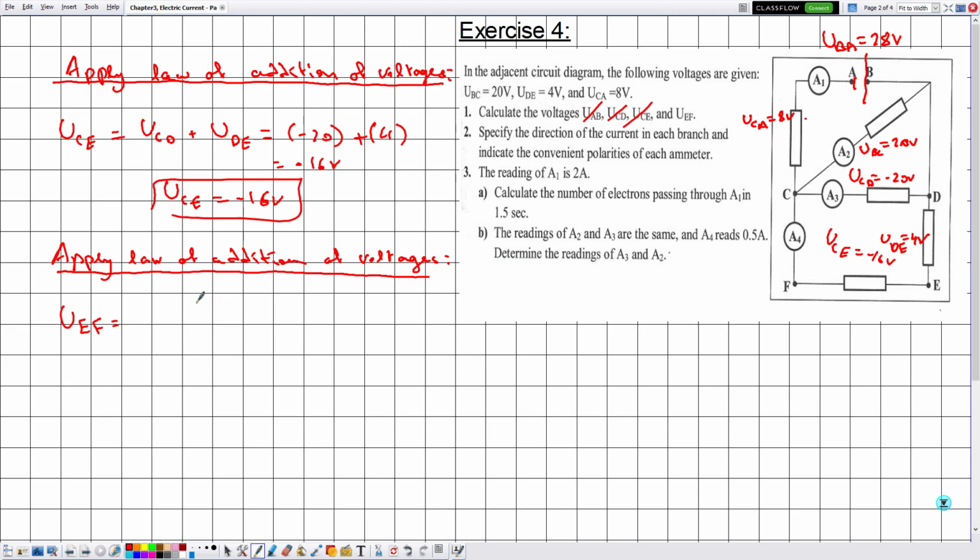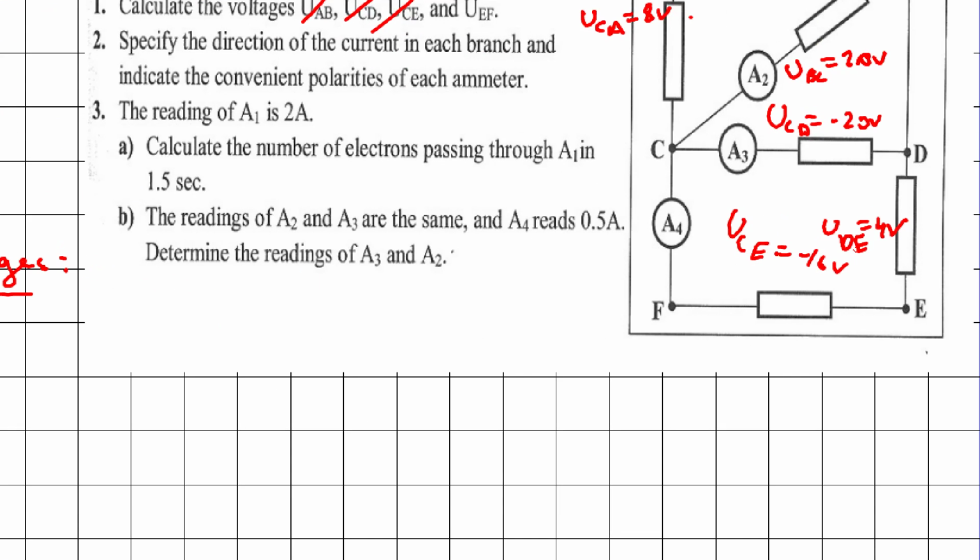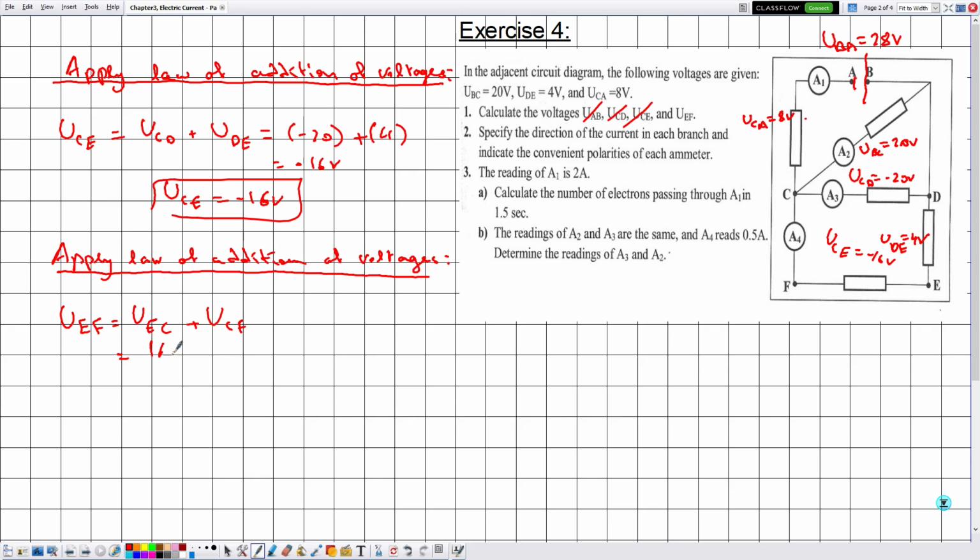Now, going from E to C and C to F, so this is equal to UEC. If UCE is minus 16, then UEC is equal to 16, and this is 0. So UCF is equal to 0, the ammeter of negligible resistance.